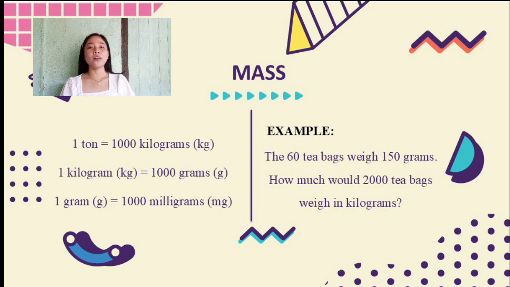And 1 kilogram is equal to 1,000 grams. And 1 gram is equal to 1,000 milligrams. We can see on the screen the different conversions that we use to convert units of measure into different units of measure. Did you get it, class?